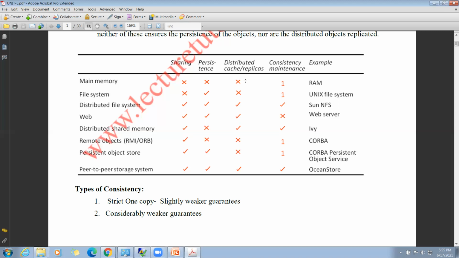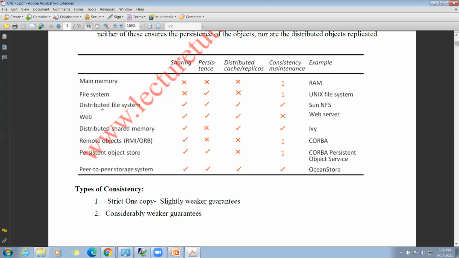Next one, web and distributed shared memory, remote objects, and persistent object store. These are the several systems in which we are dealing with. This is just for your information.